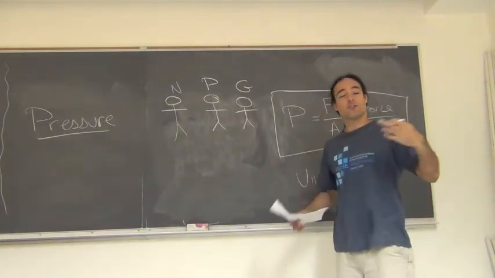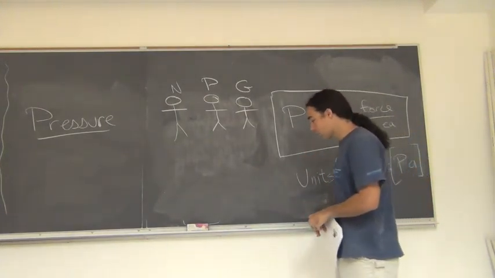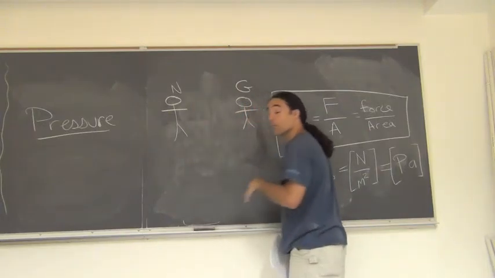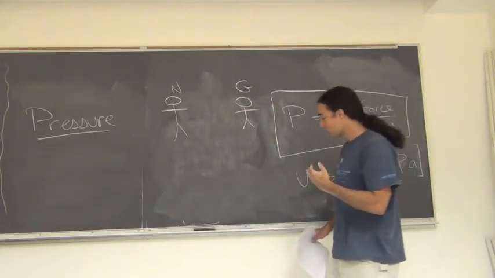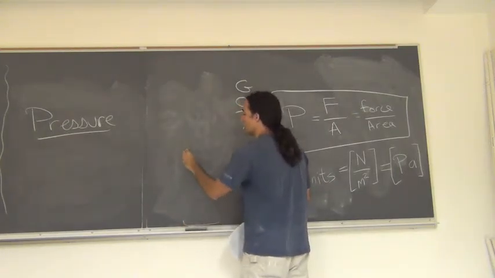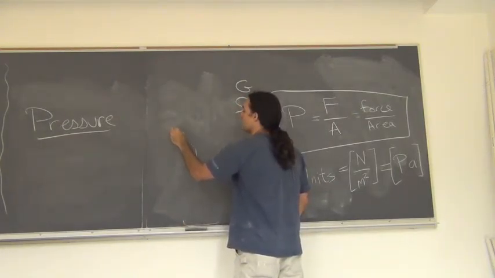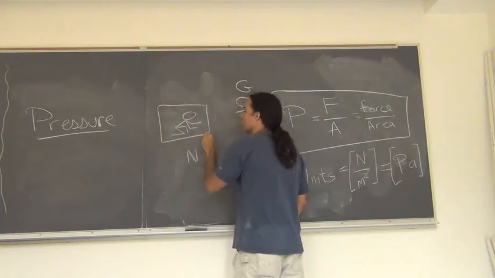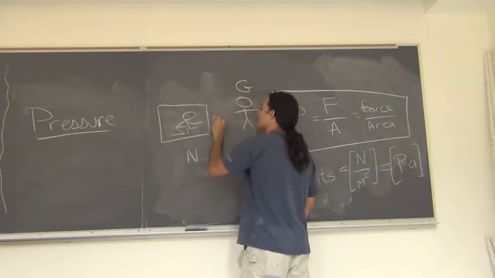Gauss closed his eyes and he started counting, and Pascal went off to go hide. But Newton stayed in one spot. And what he did was he crouched down and he drew a box around himself. The box was 1 meter on its side.